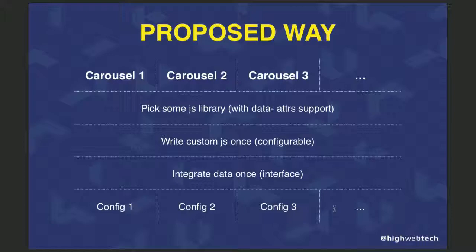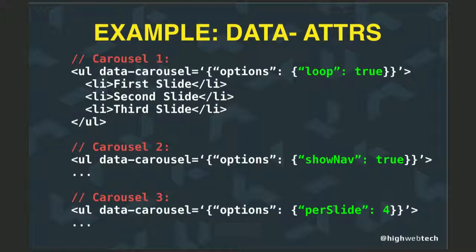So instead of writing JavaScript logic 3 times, instead of integrating these 3 components 3 times, we can integrate it once, and then we can just change the configuration of this component. And in this way you can produce not only 3 carousels, but 4, 5, 6, 7, it doesn't matter, since every instance of carousel, every piece of markup, is a new carousel. So it's totally up to you. You have freedom now to control it on the front end.